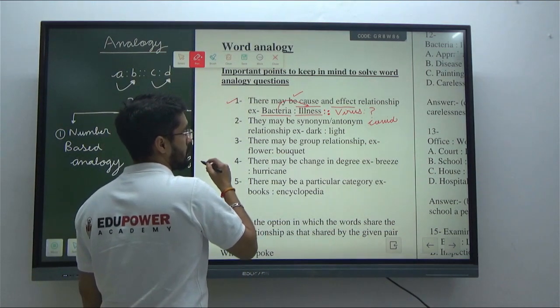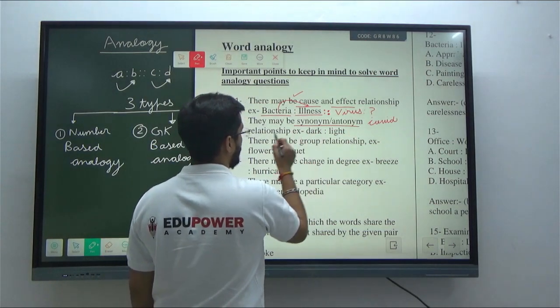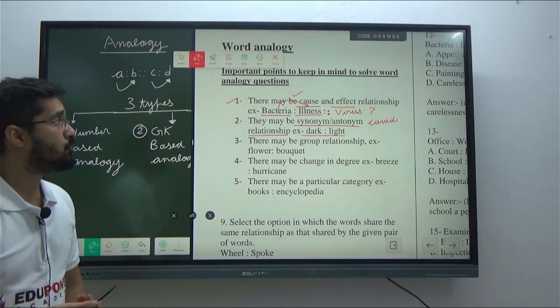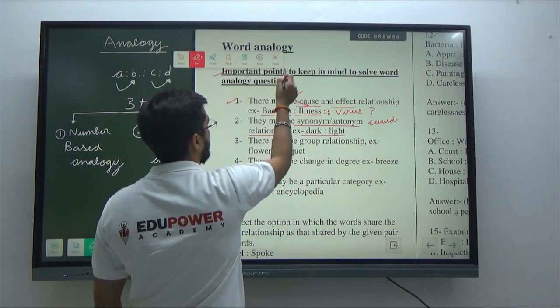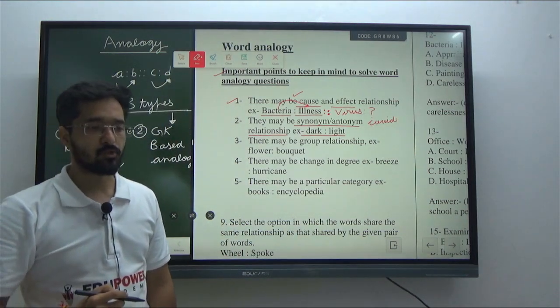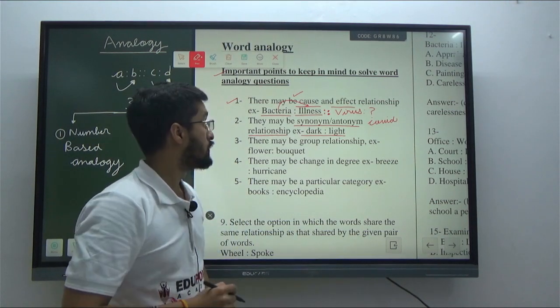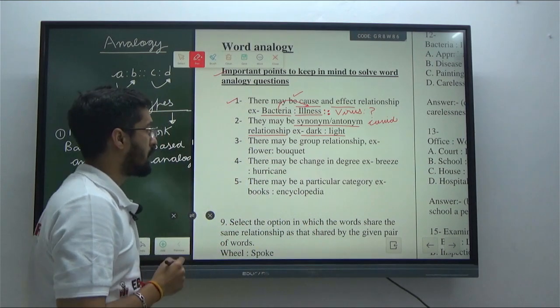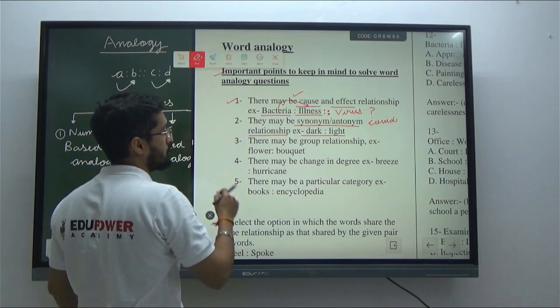Next, there may be a synonym antonym relationship. Example, dark is to light. Okay, so what we are studying is some important points to keep in mind to solve the word analogy questions, right? So there may be a synonym antonym relationship. For example, dark is to light.